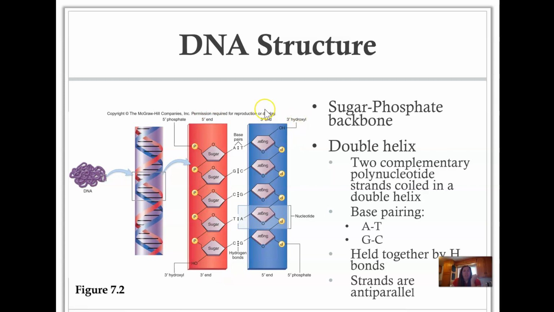The blue strand runs in the opposite direction. Where we have the 5' end on the red strand, we have the 3' end on the other strand. Again, we still have our sugar phosphate backbone, but notice it's essentially upside down. If we were to flip this picture, it would still be the same orientation. This is why we can't use top and bottom or left and right nomenclature when we talk about DNA.